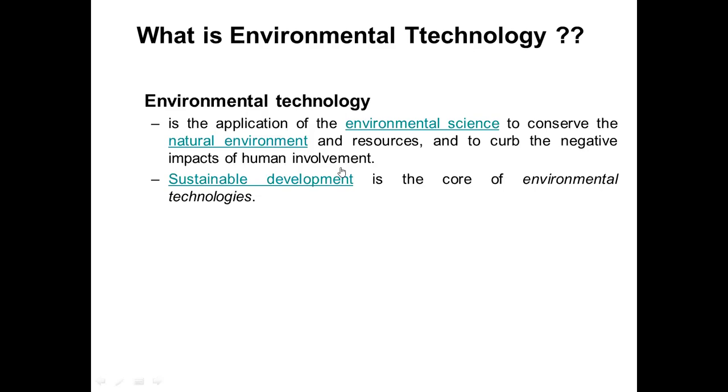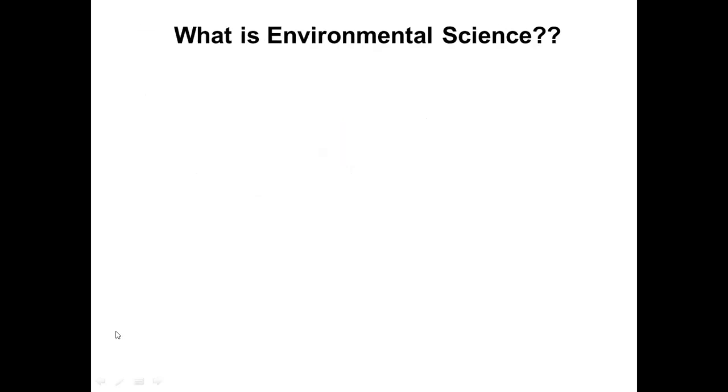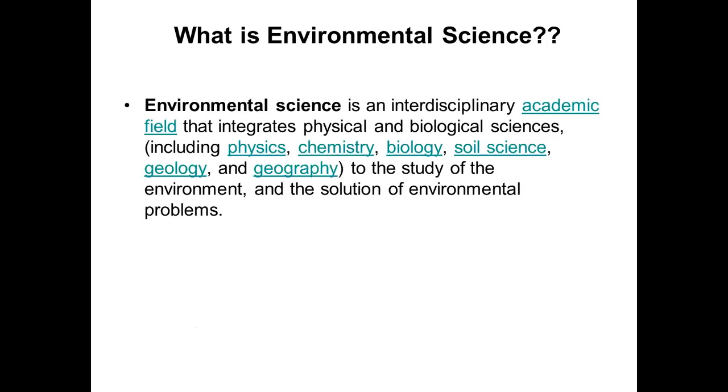Now let's move to the second slide. Before that, environmental technology is the application of science. Then, what is environmental science? I told you that you already have learned about science. Okay?